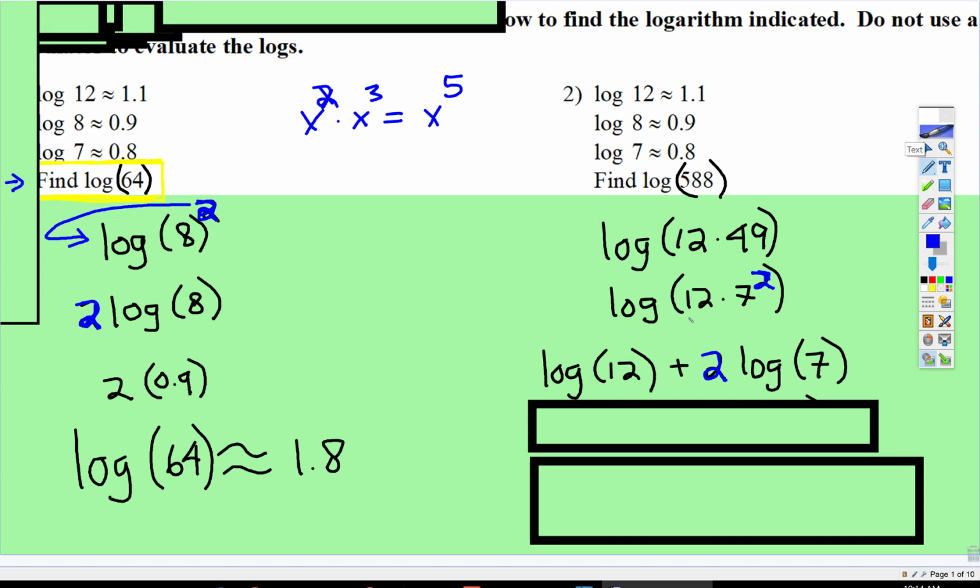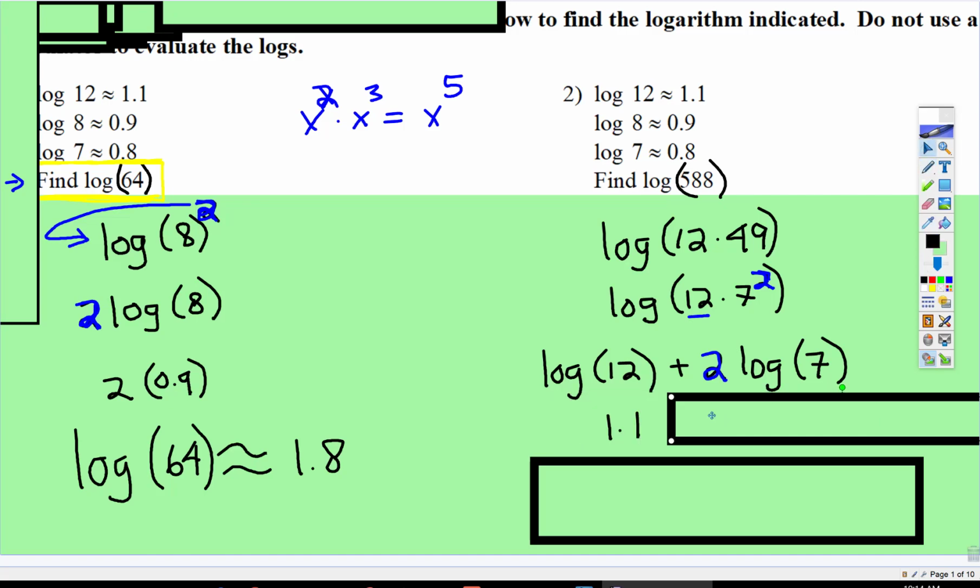So we have log 12 plus log 7, but that exponent comes down in front. Well, now we know what log 12 approximates. It approximates 1.1. So instead of log 12, we can now substitute.